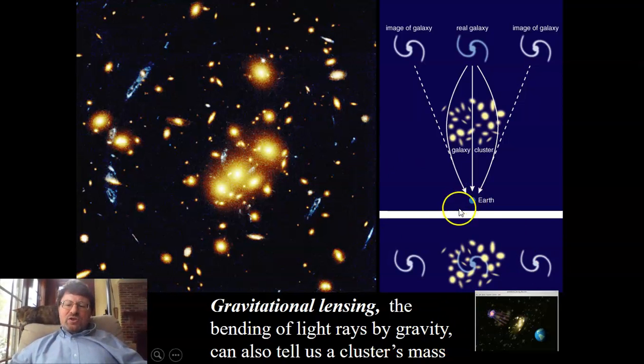So imagine that this is you here on Earth, and you are looking at some faraway galaxy that happens to be behind this cluster of galaxies. And the light from that faraway galaxy could pass through the middle of the cluster and you would see it. But what can also happen is the light from that same galaxy comes off in some other direction, but then that path of light is gravitationally lensed, it's curved back toward the Earth.